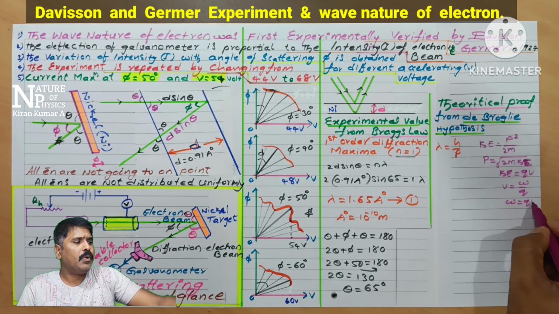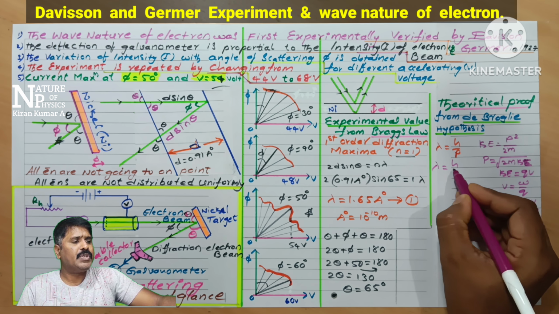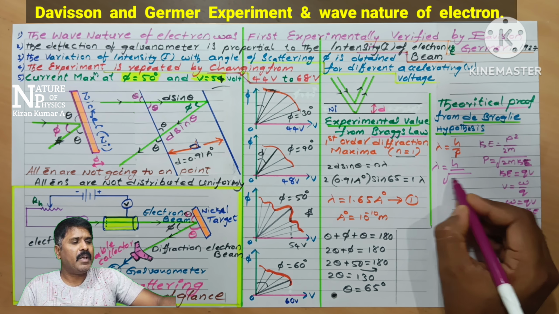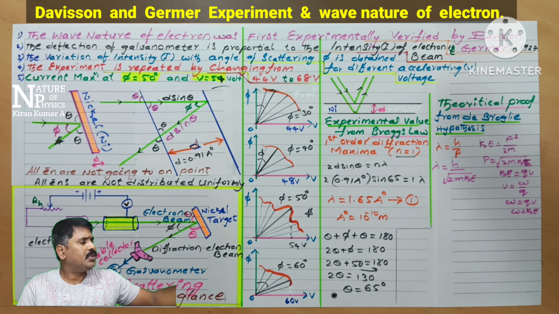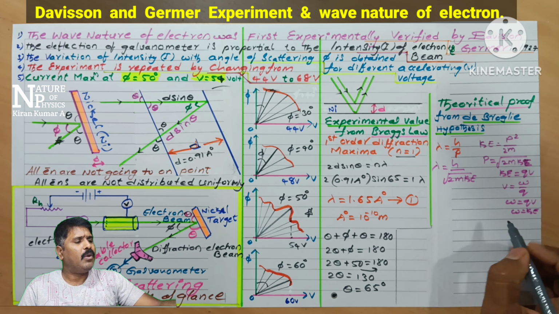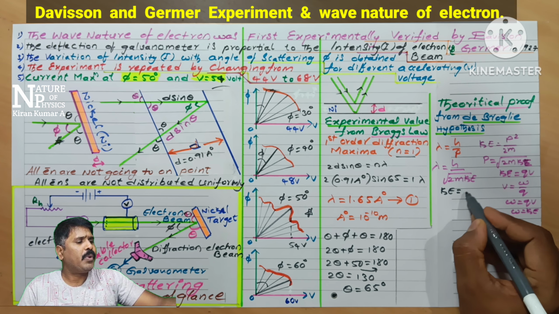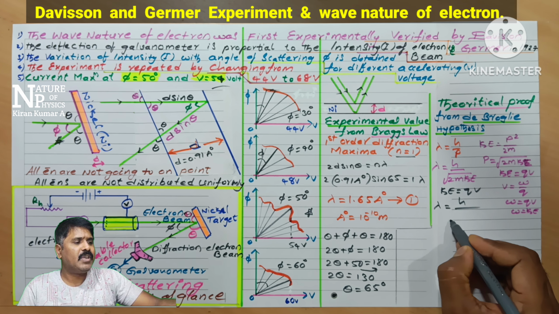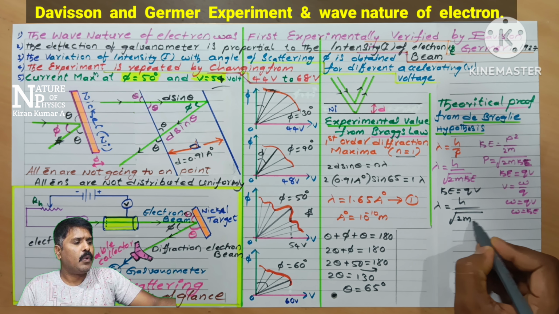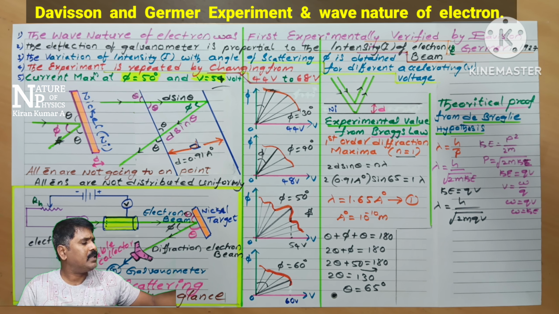W is equal to qV, student. W I am writing as kinetic energy. Now lambda is equal to h divided by p, with the value replaced by root 2m KE, student. In the next step, replacing KE by qV, lambda is equal to h divided by root over 2m qV, student. So the values are replaced here.